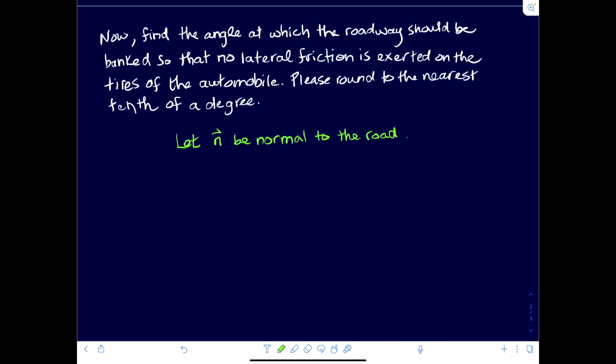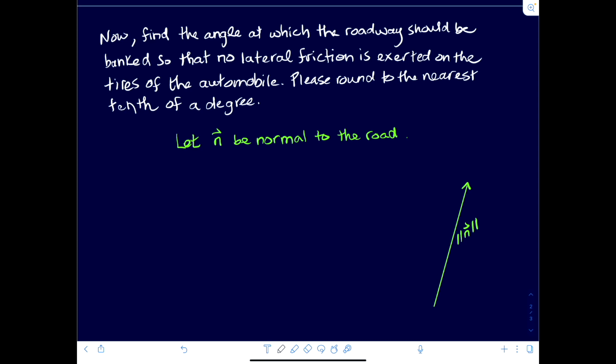Okay, so if n is normal to the road, and we were to take a look at this normal vector, the magnitude of n here, and then we would have the force, or rather the weight of the car. So you're going to have the weight of the car.